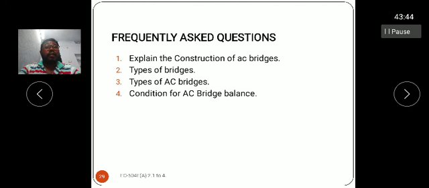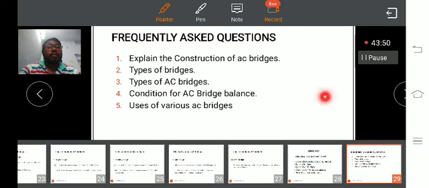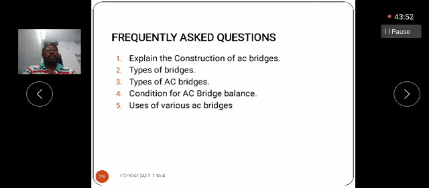And also we have the condition for AC bridge balance, and various uses of the AC bridge circuits. This presentation gives a brief introduction to the construction and the types of bridges and balancing of the bridge circuit, and also explains the uses of the AC bridge circuits.